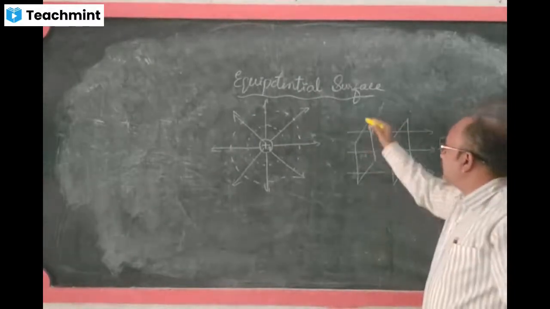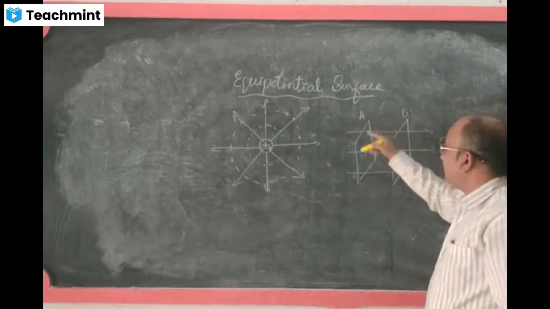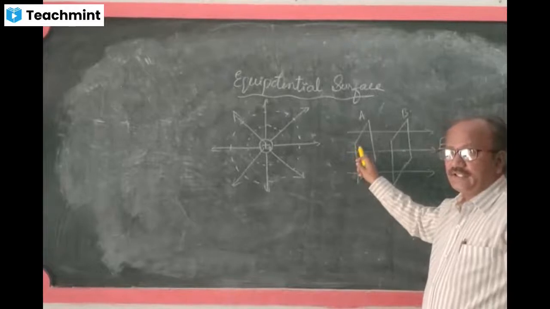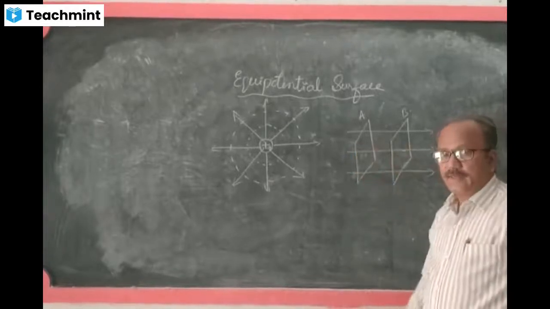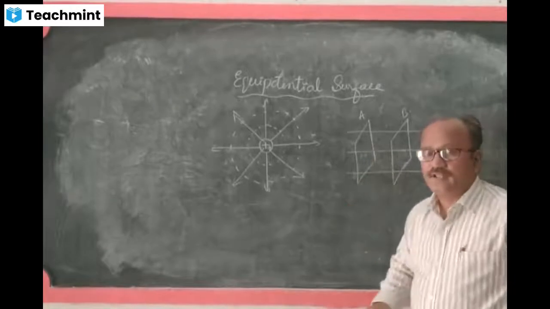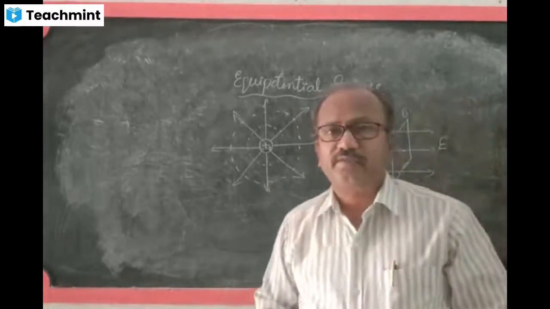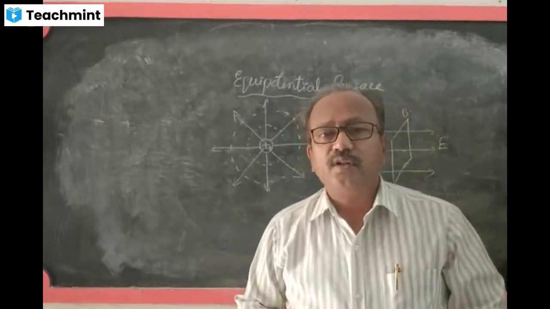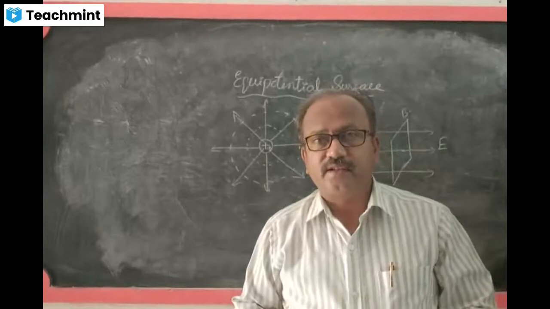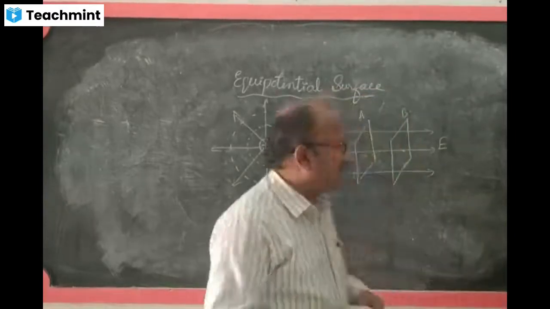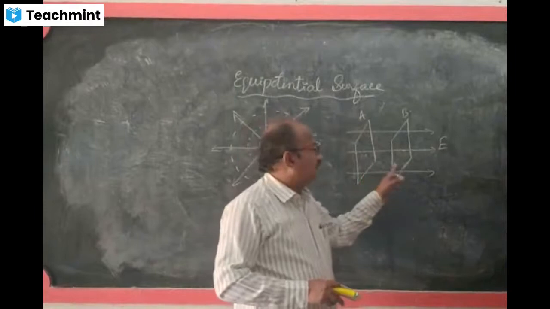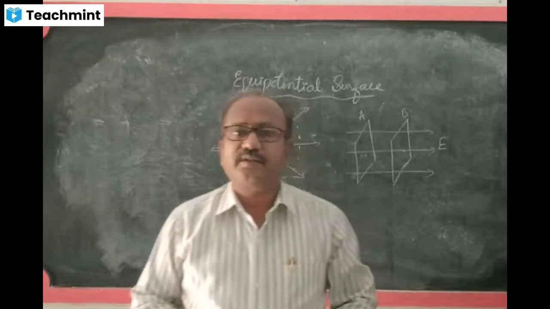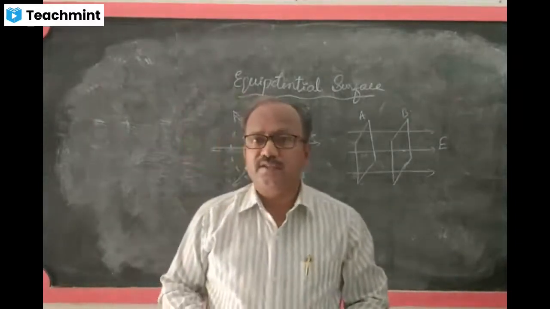When the number of field lines passing through this area is the same as this area, then these two surfaces become equipotential surfaces, because the same electric field is passing through the two same-size areas or surfaces, and the potential of this plane is the same as this plane. Then those two areas or surfaces are called equipotential surfaces.